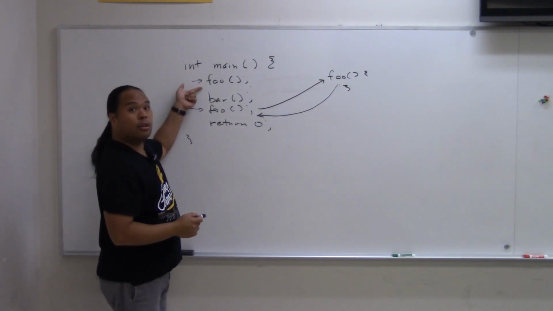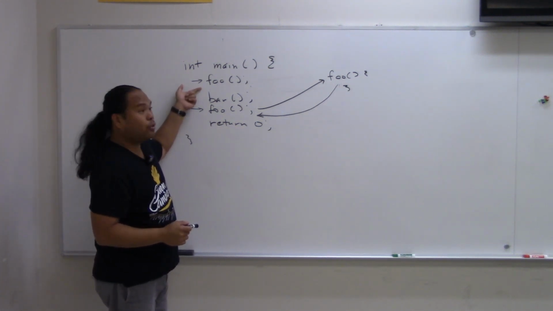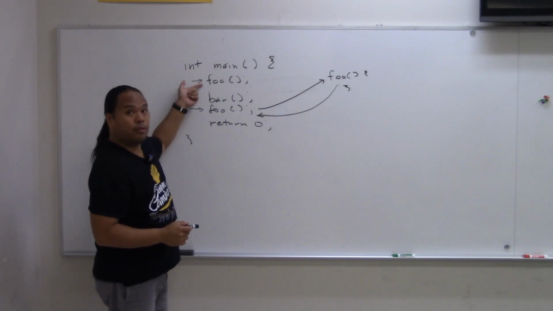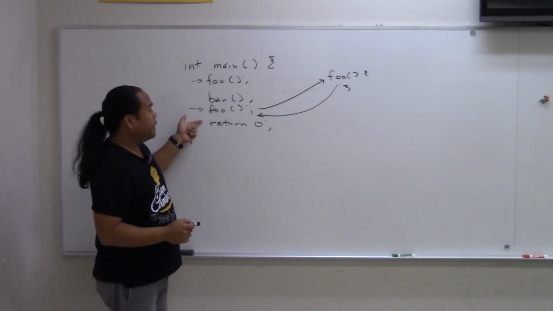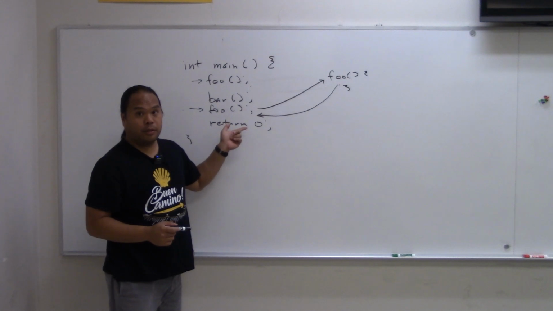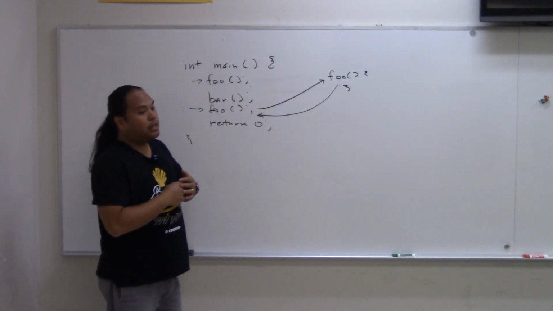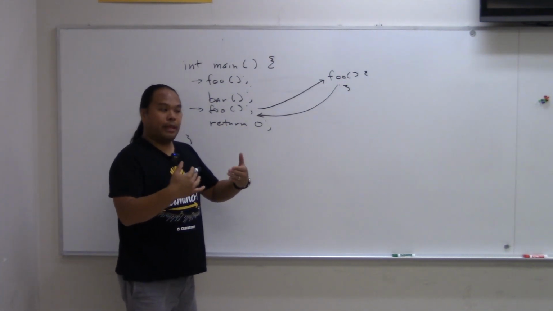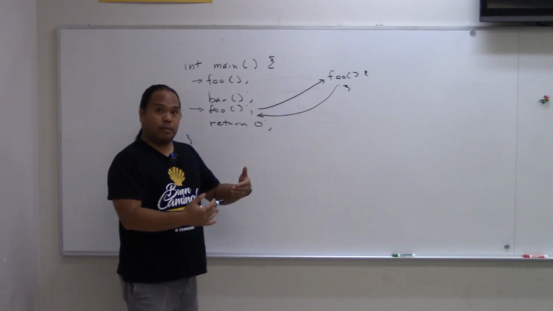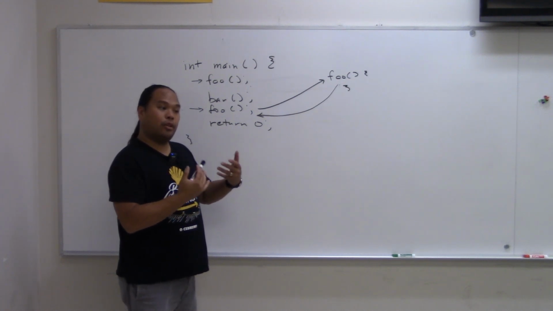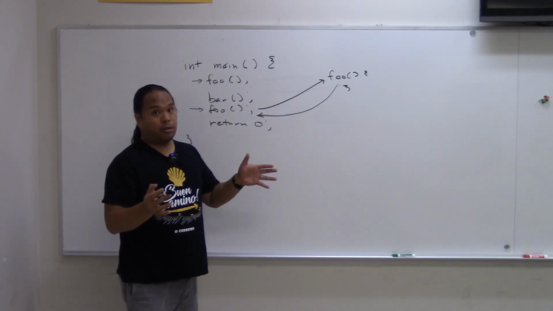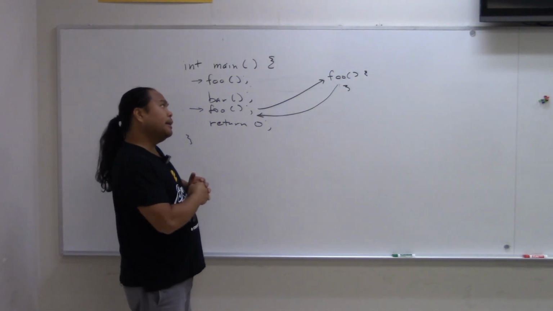So here, on that first call to foo, it should return to that first call of foo. On this second call of foo, it should return to that second point, all right? So this leads to an idea that when a function is called, it will not always return to the same point because you can call the same function multiple times in different parts of your code, all right?